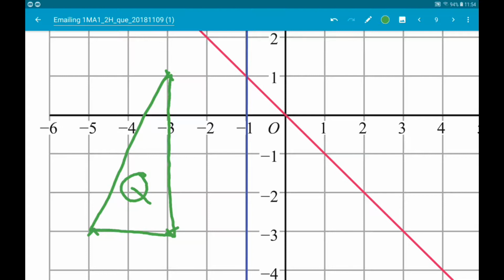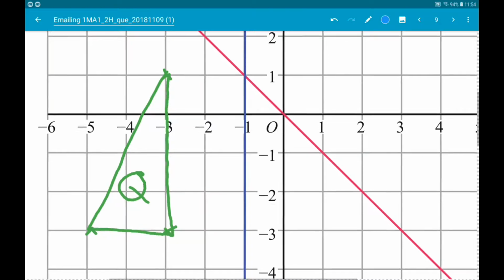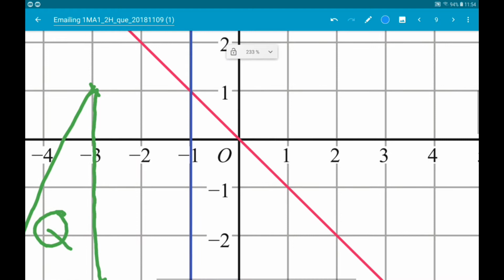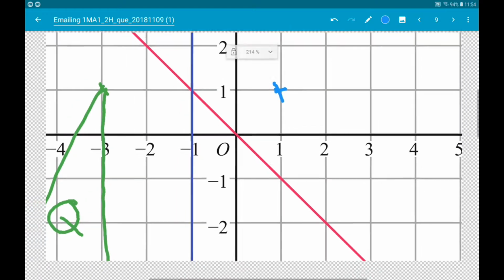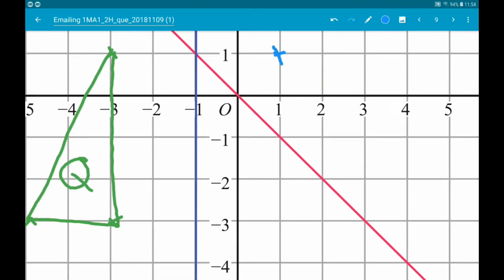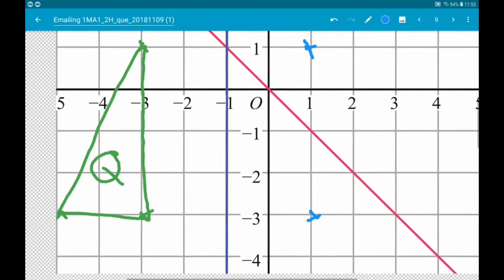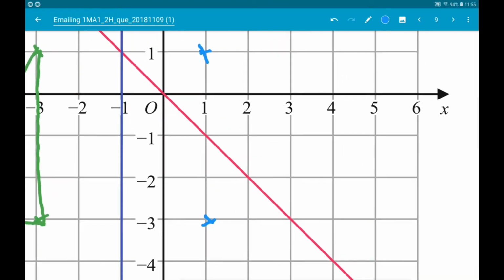Okay, and then triangle Q reflects through the purple line. So, the top point is 2 away on the left, so it's going to reflect 2 on the right, same as this point down here, and then the third one, it's going to be that.